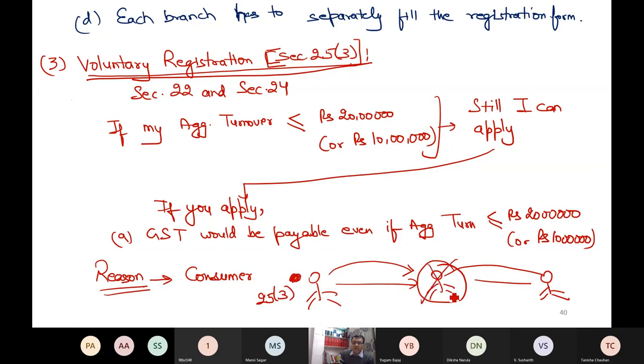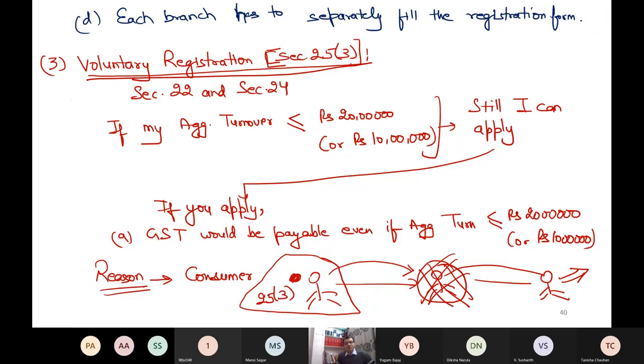Then this person says, okay, then I will not purchase from you, because if you don't give me the tax invoice, my consumer will not purchase from me. So I will lose the consumers if I don't have registration. This is the implication. So just because this person does not want to lose the consumer, it's possible that the person will take the registration, because so many times a chain is required.